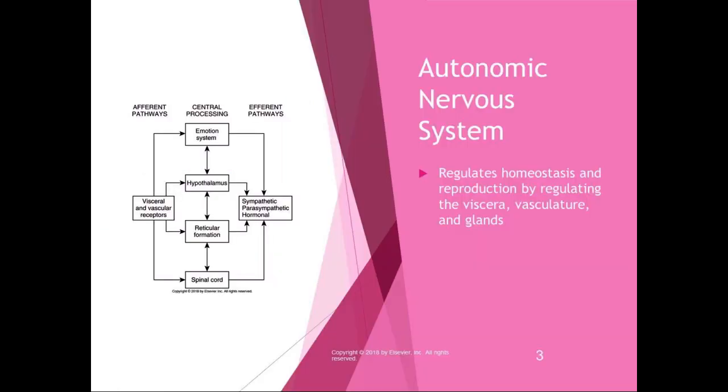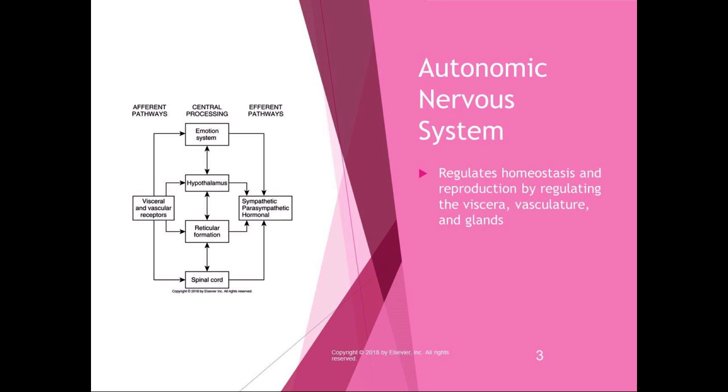The autonomic nervous system regulates homeostasis and reproduction by regulating the viscera, the vasculature, and the glands. You can think of the peripheral nervous system as consisting of the autonomic nervous system and the somatic nervous system.